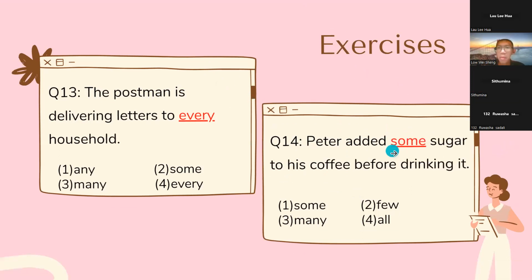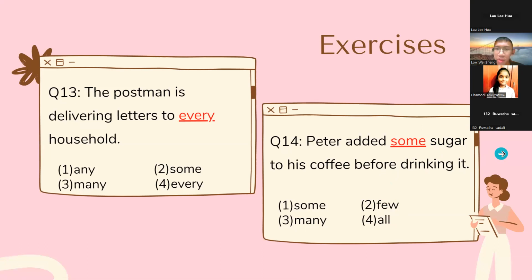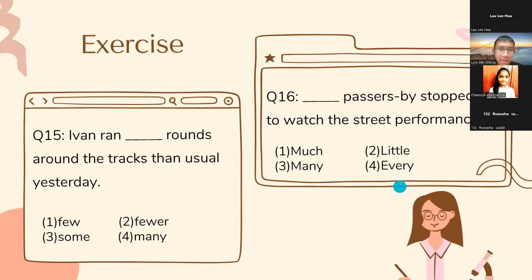So why is some correct? This is because sugar is uncountable. And some is a special determiner that can be used for both countable and uncountable, if you notice. Many and few both refer to countable, and you can't add all sugar without saying all of what. Okay, question 15.